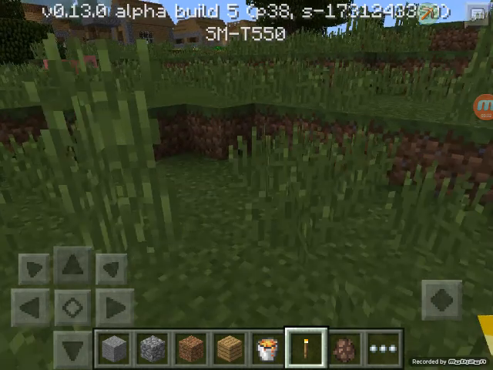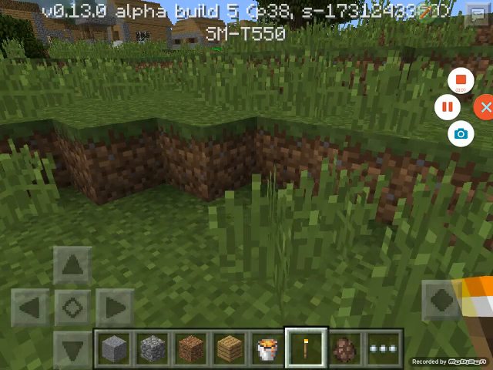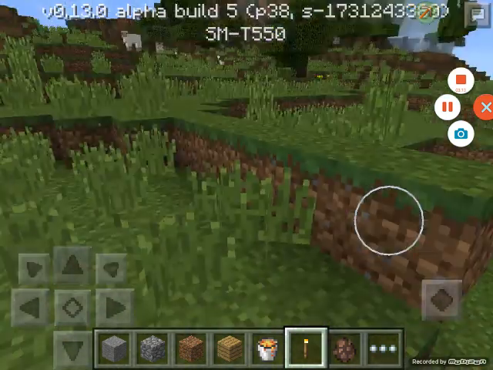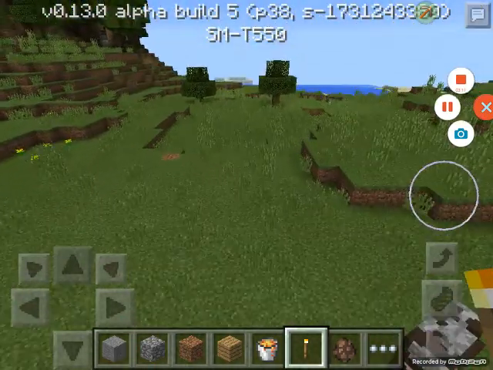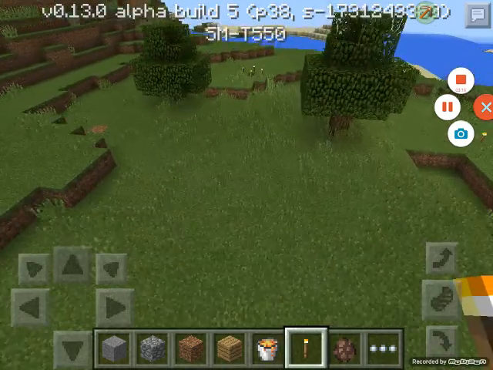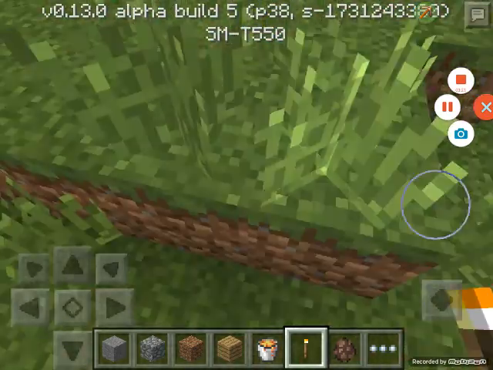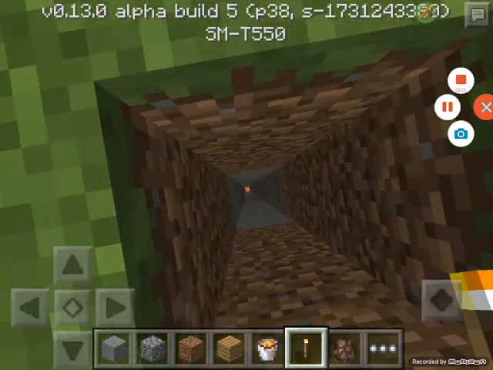And there's one more thing. And the last thing is the core. And the core is over here. The core is in the middle of the earth. Right over here.